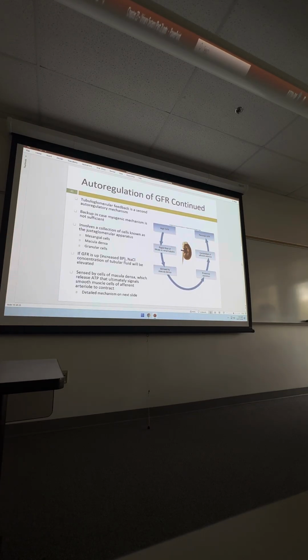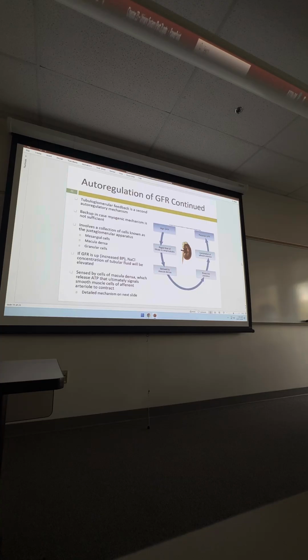What's a paracrine secretion? This is a secretion of a hormone right there at the site. And the hormone right there at the site is, believe it or not, ATP, which is a neurotransmitter, but in this case, it's considered a hormone. This ATP is going to ultimately result in a constriction of the afferent arteriole. It's going to slow the blood flow, it's going to slow the glomerular filtration rate, it's going to reduce the net filtration pressure back to normal.